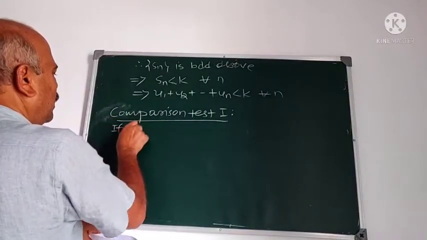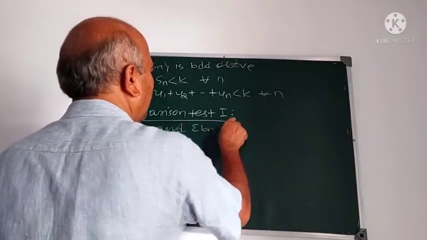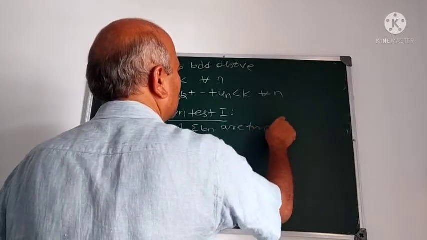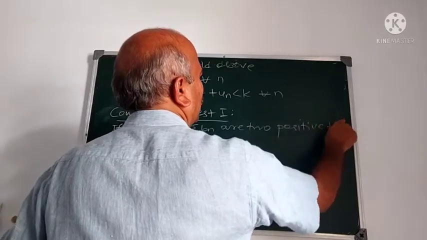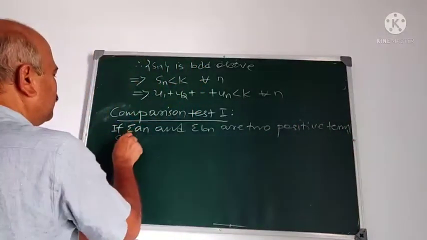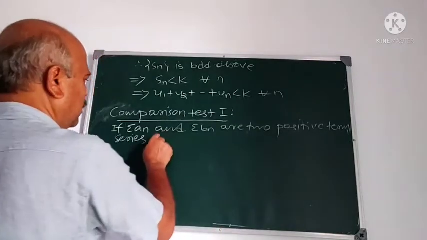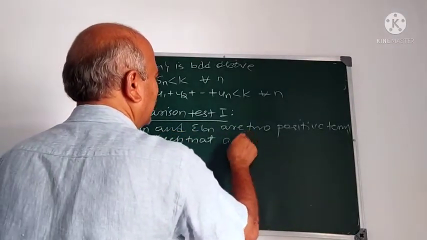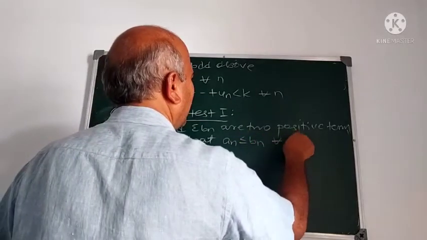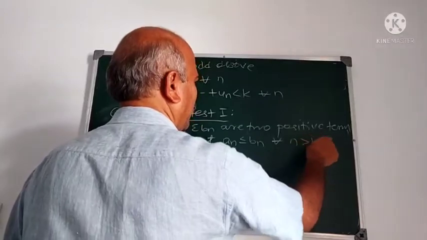If sigma an and sigma bn are two positive term series such that an less than or equal to bn for all n greater than k.